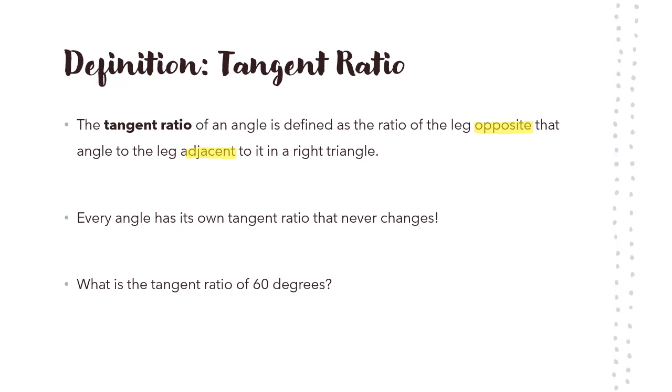Each angle has its own tangent ratio that never changes. So no matter what, the tangent of 60 degrees is always going to equal a certain number. And we actually found what that was going to be. We found that the tangent of 60 degrees, we were looking at the ratio of the side opposite to it to the side adjacent to it.